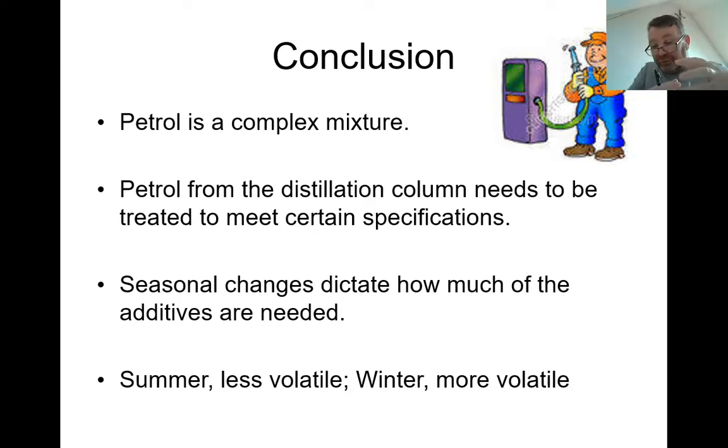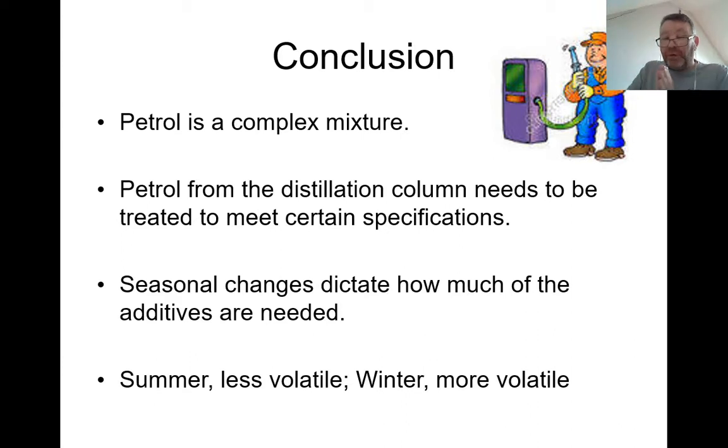So when the petrol comes out of the fractionating column, it's brought to the lab and it's worked on. Also, petrol that we buy in winter time has to be different from the petrol we buy in the summertime. So the chemical composition of petrol is continuously changing as the seasons change, to make sure that the petrol can still be used irrespective of whether it's surrounded by a very cold temperature in the winter or a very high temperature during the summer.